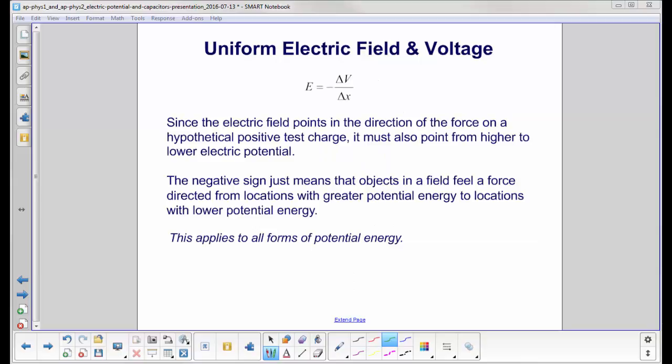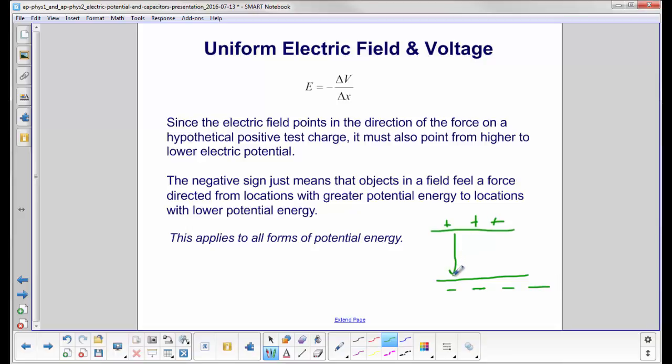The electric field points in the direction of the force on a hypothetical positive test charge. So let's repeat what we did earlier. If I have a bunch of positive charges up here creating a field, and I have the negative down here for the infinite parallel plane, the force is down.